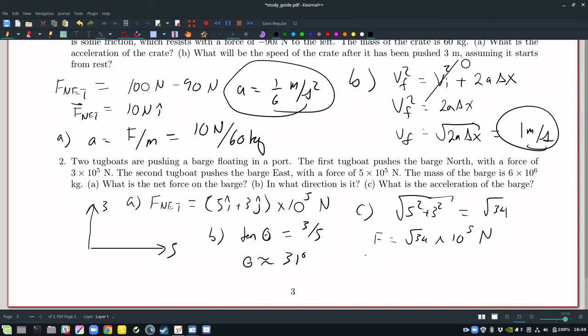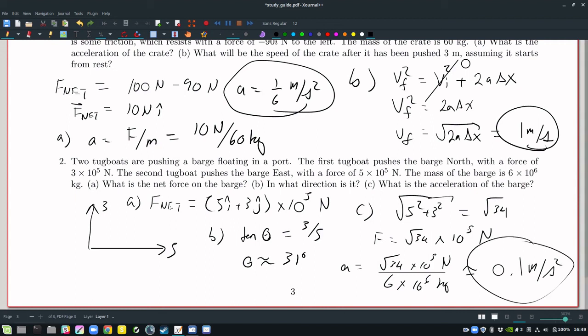So if we divide F by m, we get a. So the square root of 34 times 10 to the 5th newtons divided by 6 times 10 to the 6th kilograms yields about 0.1 meters per second squared. So very slow acceleration. It's a very heavy barge. And to do that, we had to get the magnitude of the net force and divide by mass.